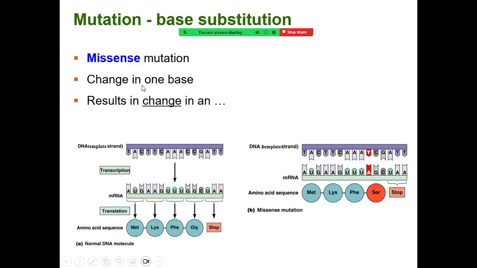A missense mutation changes the DNA and changes the amino acid in the protein, resulting in a different protein, in which case the protein gave the individual blue eyes as opposed to brown eyes.